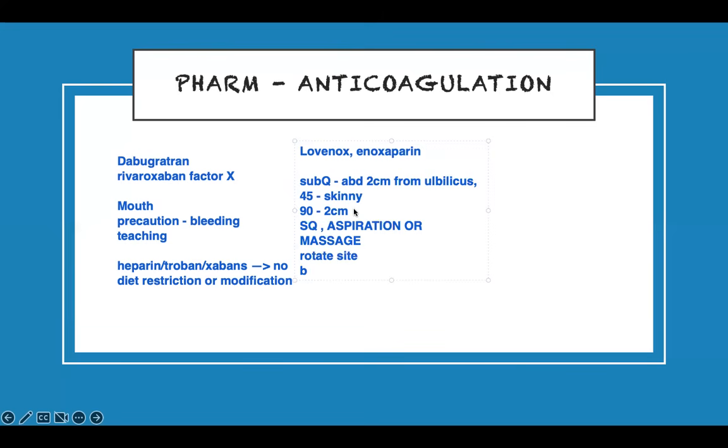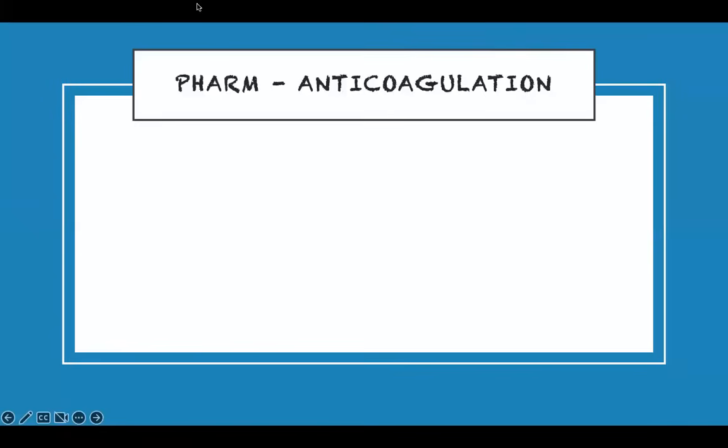If they tell you there's bruises, it's okay. That's normal. It's not bleeding. That's not a B sharp moment. I always say B sharp; that's my trademark. So that's the anticoagulation.